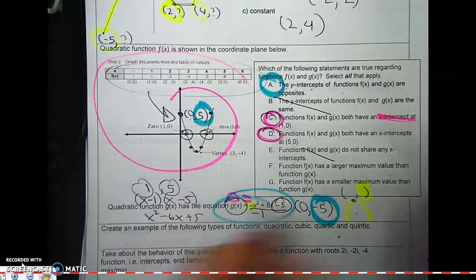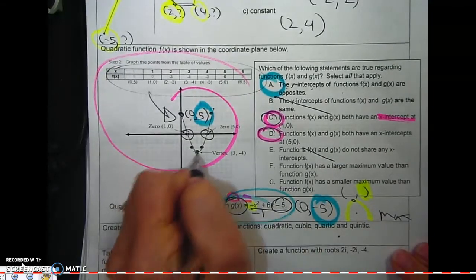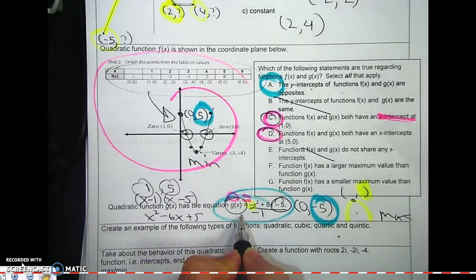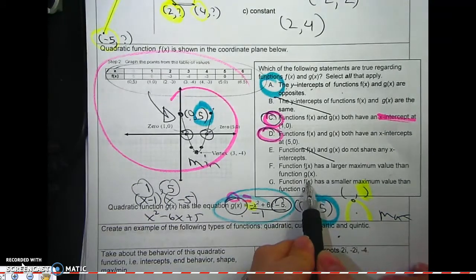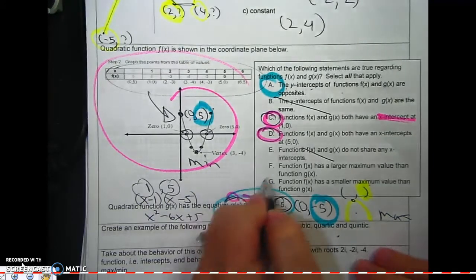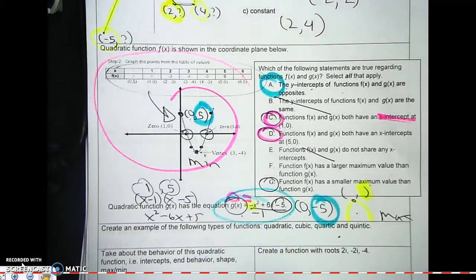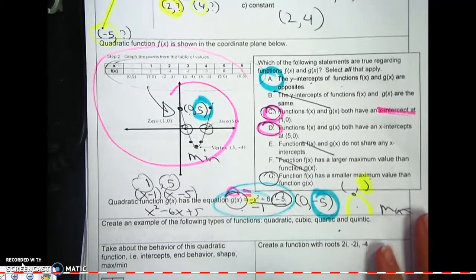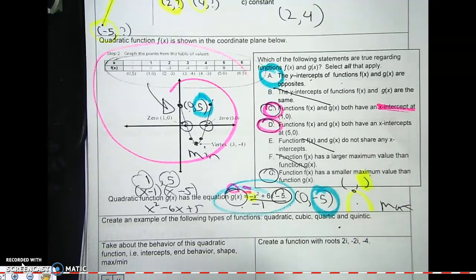But if you look here, this one has a max and this one has a min. So automatically g of x has a larger maximum than f of x. So f of x has a smaller maximum. I guess you could say g. Technically, it's a minimum. So that's kind of a weird question. So I guess you can anticipate on the test that either they're both maxes or both mins.